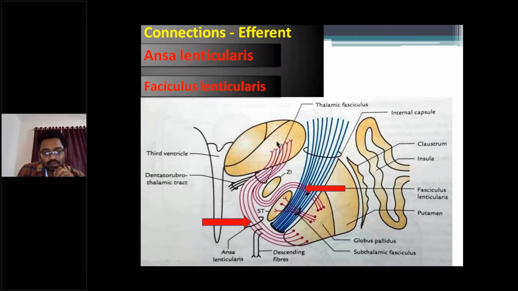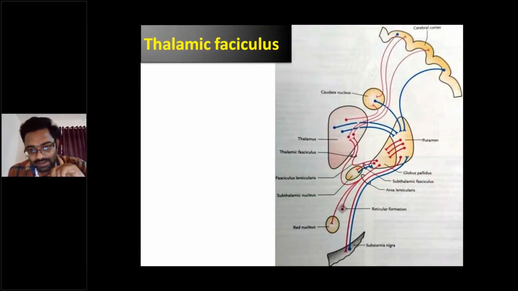Before terminating into thalamus, fibers of fasciculus lenticularis and ansa lenticularis unite with the dentato-rubrothalamic tract to form the thalamic fasciculus, terminate into ventral anterior and ventral lateral nuclei of thalamus, and finally project into premotor and motor cortex of cerebral cortex.